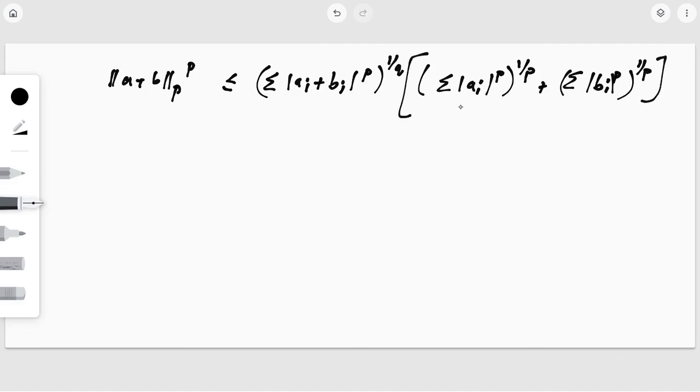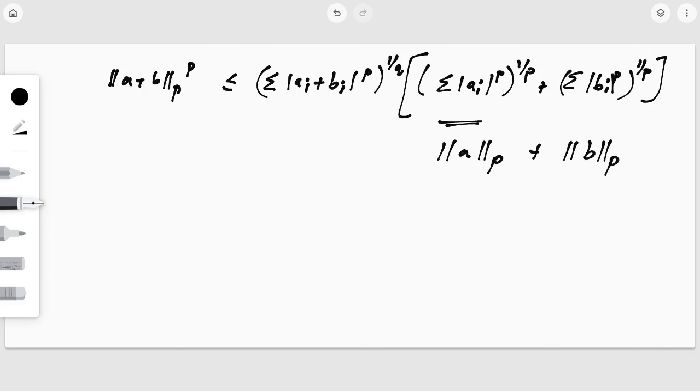Now what is summation mod ai whole raised to p whole raised to 1 by p? That is nothing other than the norm. So we can replace this by norm p of a and norm p of b.